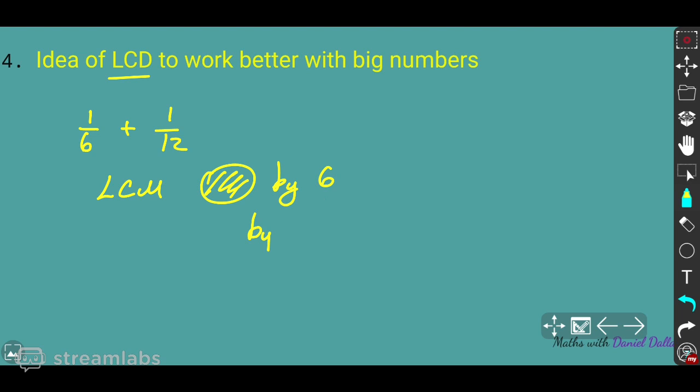So you finally get that the LCM for 6 and 12 is 12. Understand that 12 is divisible by 12 and 12 is divisible by 6.